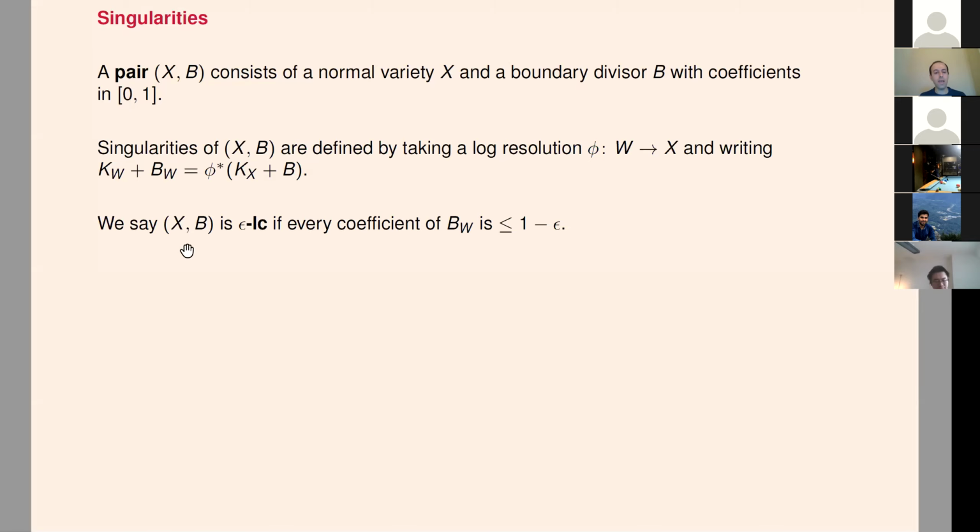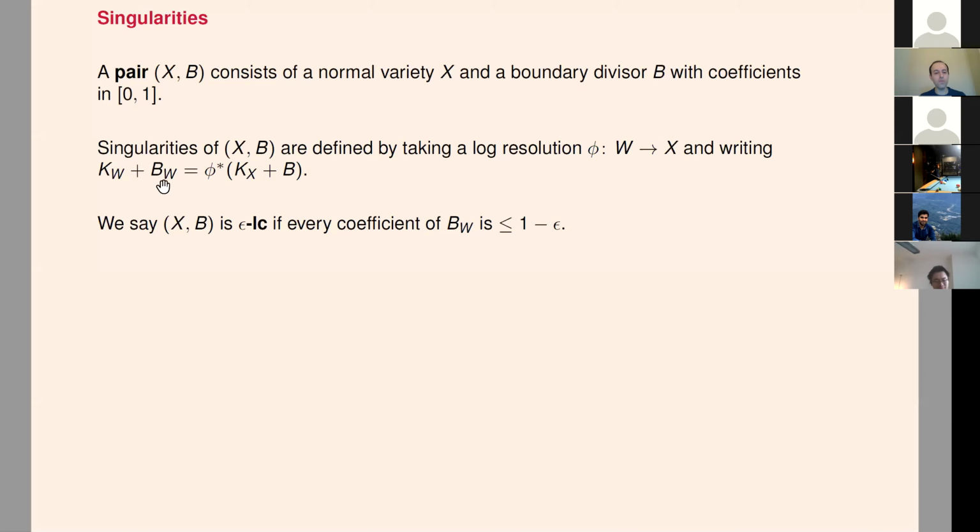Then we say that (X,B) is epsilon-log canonical if every coefficient of B_W is at most 1 minus epsilon. And B_W is defined by this formula: you pull back K plus B, and you write it in a unique way as K_W plus B_W.